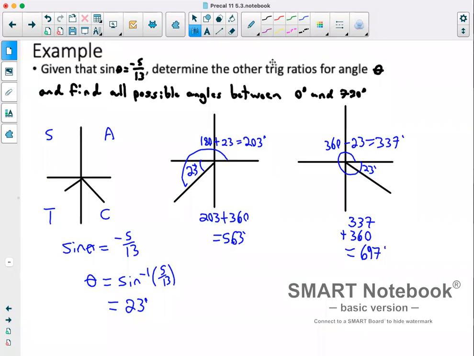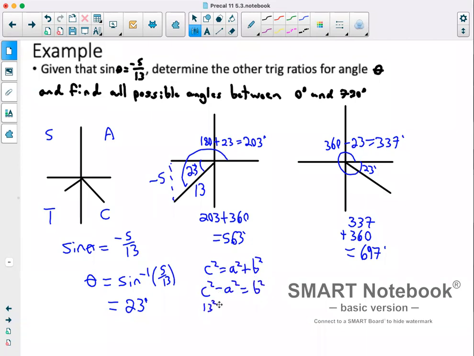We'll do our first part now, which is determine the other trig ratios. So sine was -5/13, which means that this side's -5, this side's 13. We can use Pythagoras. We're using c squared equals a squared plus b squared, but rearrange that to solve for b. So we've got c squared minus a squared equals b squared.